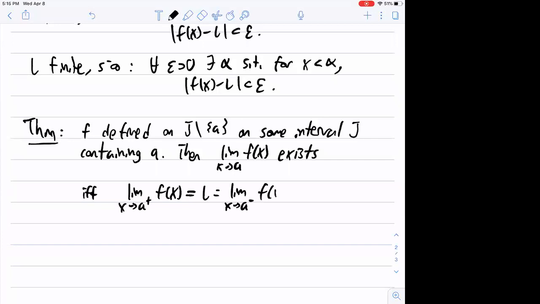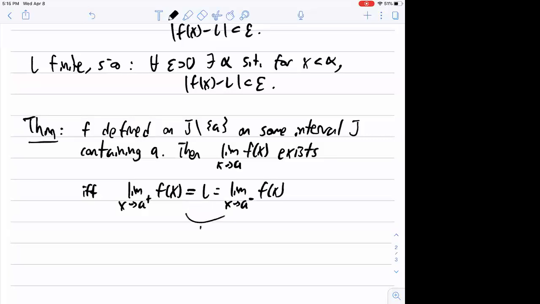Once these two are equal, you get the limit. So this is saying the limit as x goes to A of f of x exists if and only if the left and right limits exist and are equal. And if they're equal, then that is what your limit is equal to.